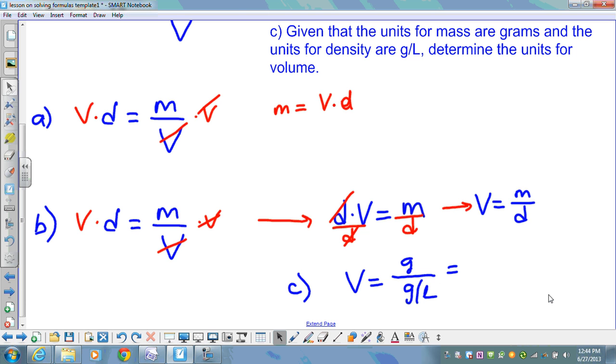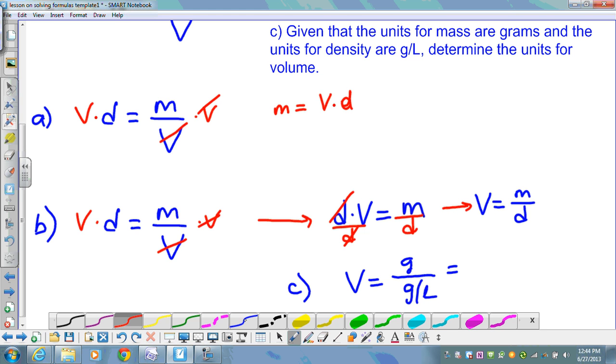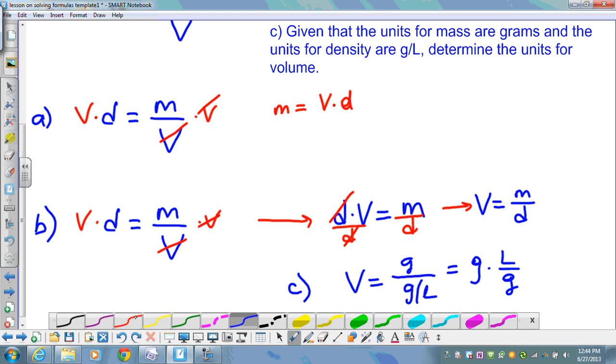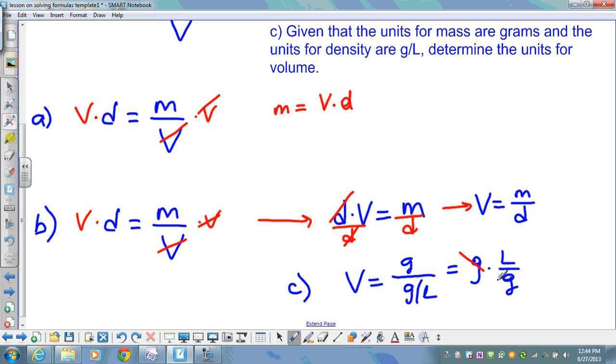So now you're technically dividing by a fraction, and there, let's remind everyone that you write your numerator as it is, and you multiply this by the reciprocal of the denominator, which will be L divided by g. And at this point, we can simply cancel the g's, and we're left with L as our final units.